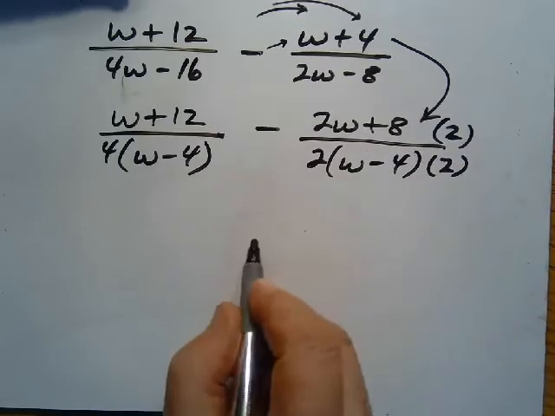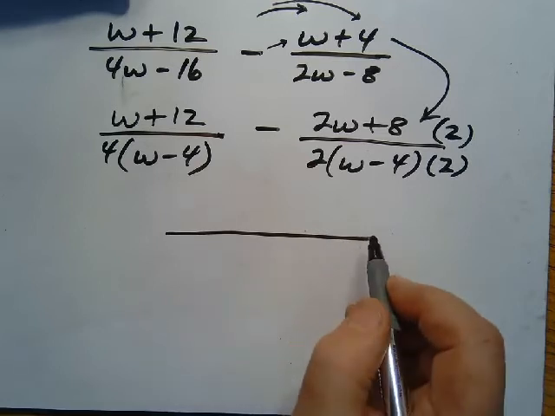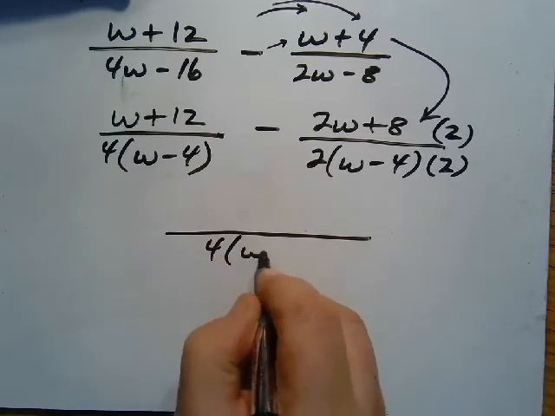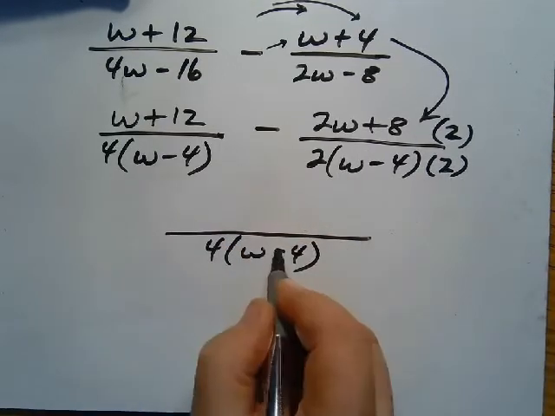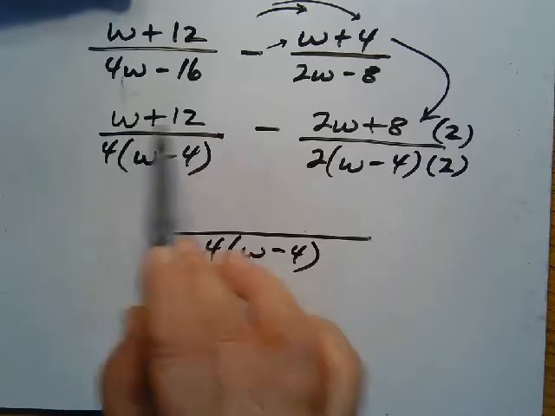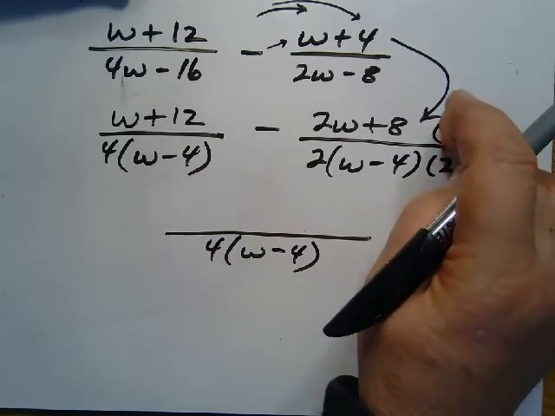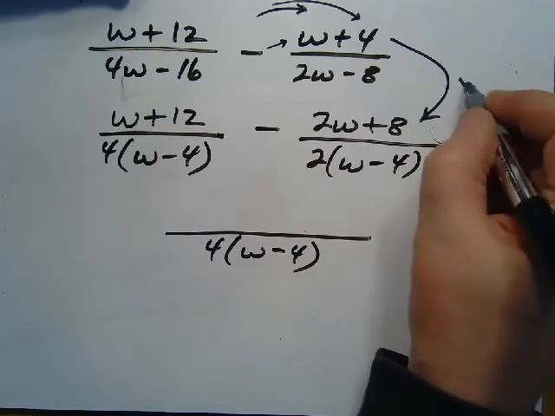All right, now we have a common denominator. And I'm going to write it a single time here. I've got 4 times w minus 4. It's the same on both of these. 4 times w minus 4. And now we're going to add together the numerators here. I've gone ahead and already multiplied that 2 in here.